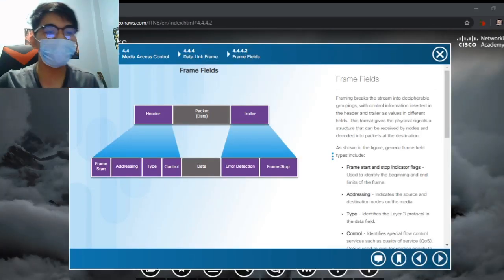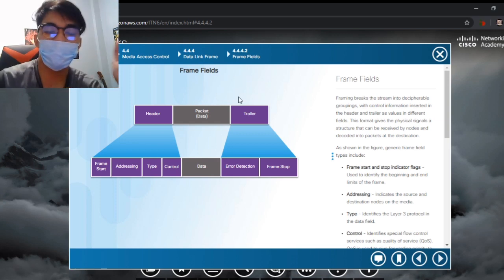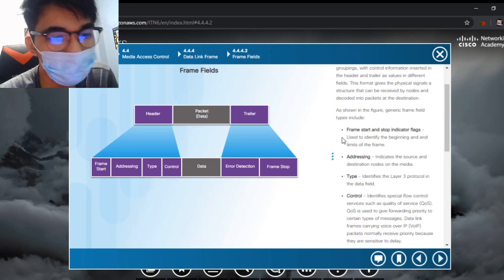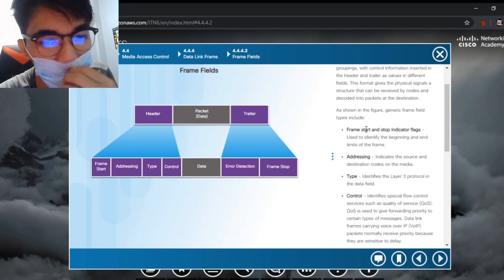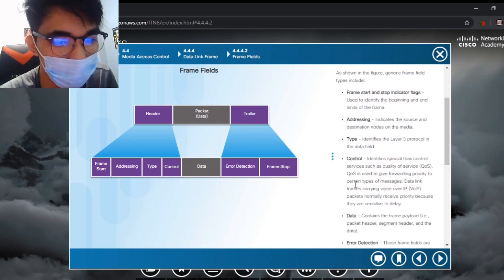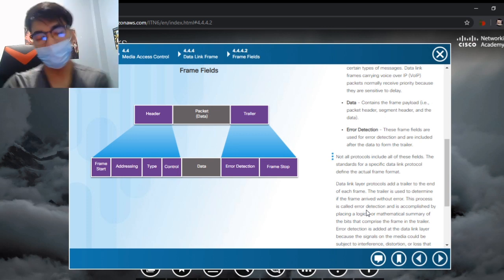And we are back, guys. Then this is the chapter 4 frame fields. This is one of the major things in network access, because as you can see, there is the frame start and stop indicator, then addressing, type, control, then data, and error detection, and frame stop.